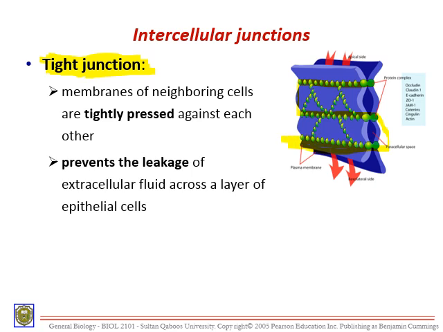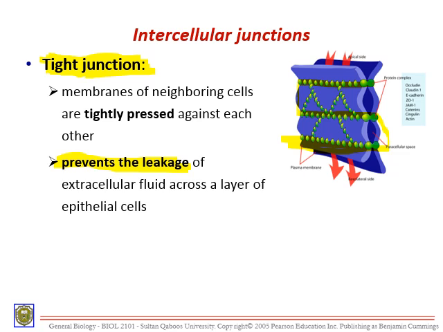This is very, very important because it helps in preventing leakage. It prevents leakage of what we call the extracellular fluid, which is the fluid present on the outside of the cell. It prevents the leakage across the layer of epithelial cells.